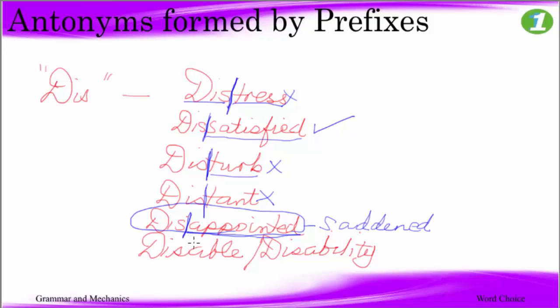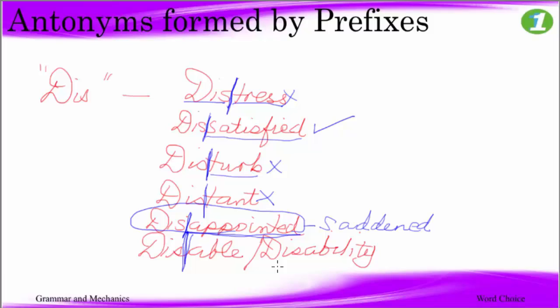Let us look at disable. Disable. Disable and disability are words that we use in reference to someone or something that does not have the ability that others may have to get things done because of some physical defect.